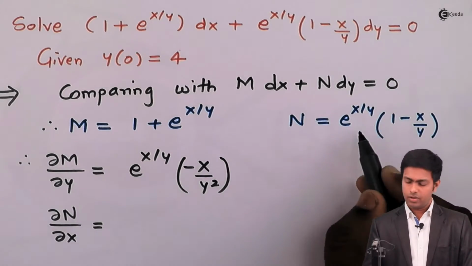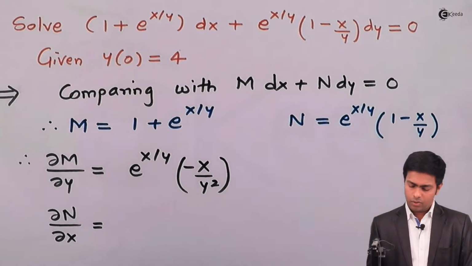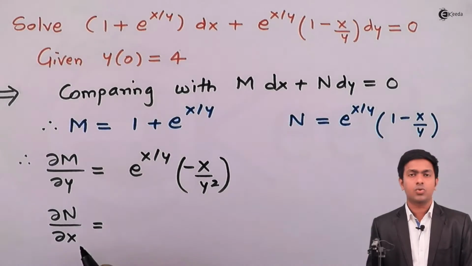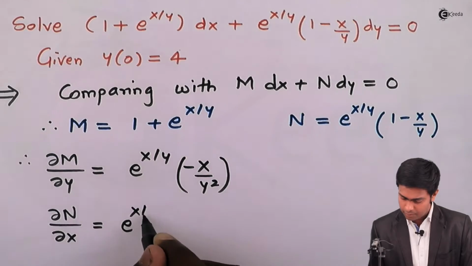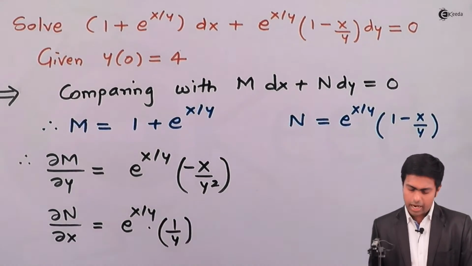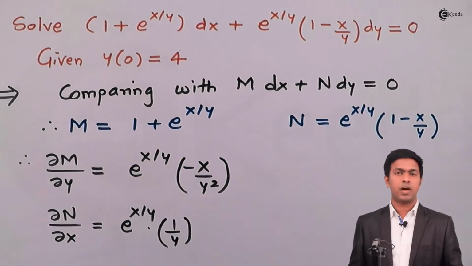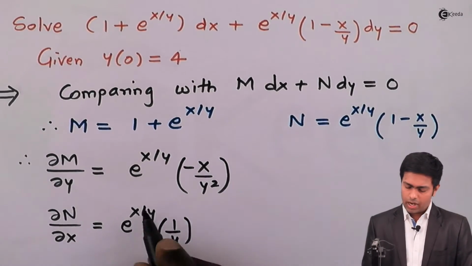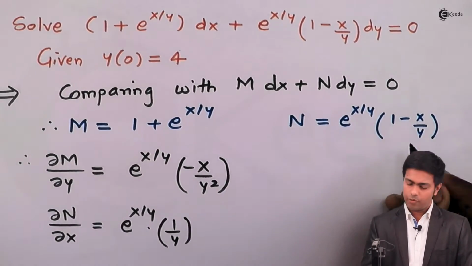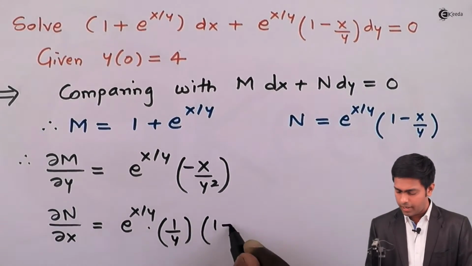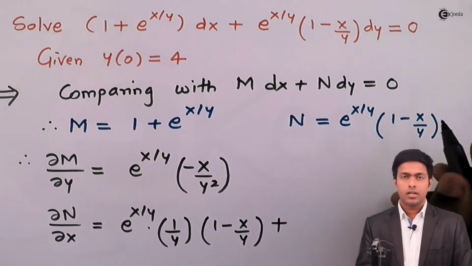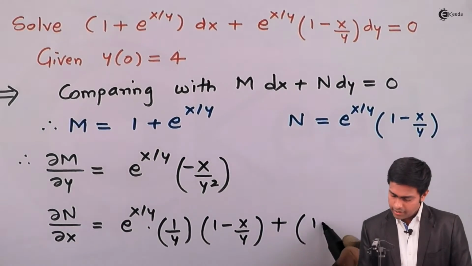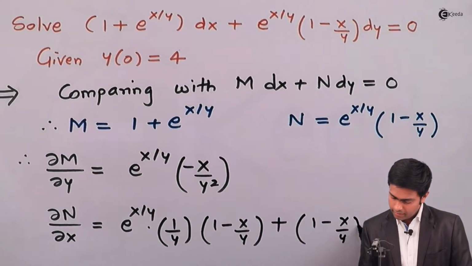By that rule, we'll get the derivative of e raised to x by y is e raised to x upon y into 1 by y, because I am differentiating with respect to x partially. So I have differentiated the u term, now the v term as it is, that is 1 minus x by y, plus now the v term, that is 1 minus x upon y.